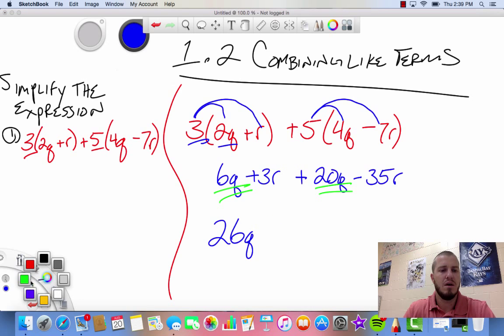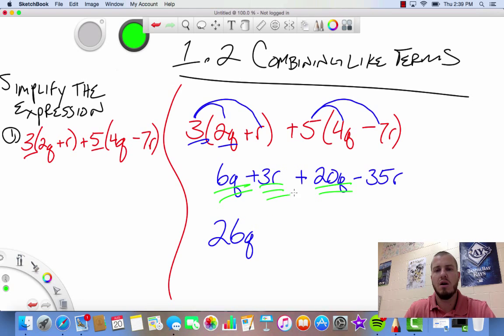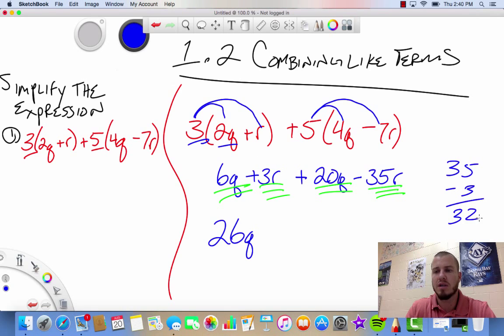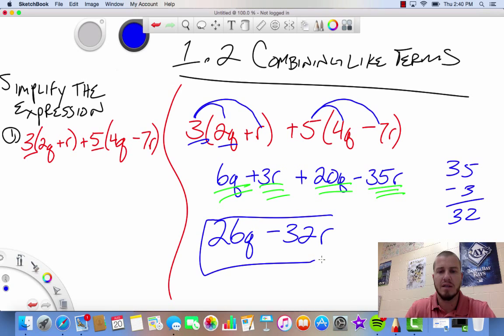And 3r plus 35r, 3r minus 35r, so they're different signs, which means you're going to subtract the two. 35 minus 3 is really what you're doing. So that's going to be 32, but the larger number was a negative, so it's going to be negative 32r. And that's the simplified form.